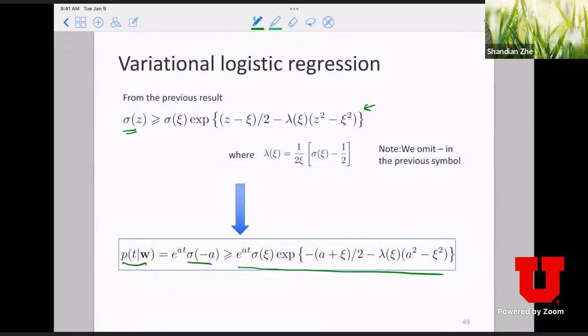So for each particular observed binary response, the likelihood has a lower bound: e to the power of At, sigmoid of c, and exp to the power of minus A plus c over 2, subtracted by lambda c A squared subtracted by c squared. It seems a little bit tedious, but the structure, as we mentioned before, is actually very nice.